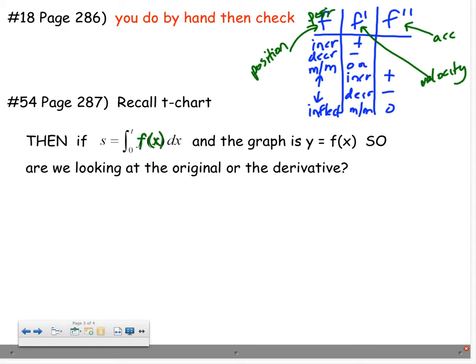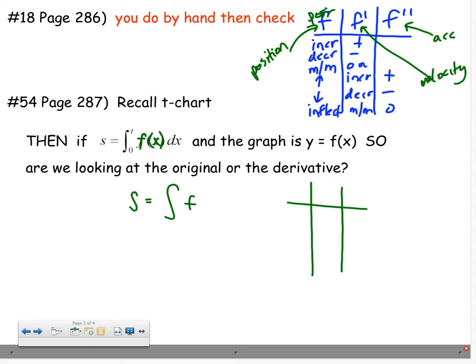The equation says position equals the integral of the graph that they gave you. The easiest way I have to make sense of this is to show you this right here. If I have s equals the integral of f, and I'm trying to figure out where f is, where s is, which one is which?